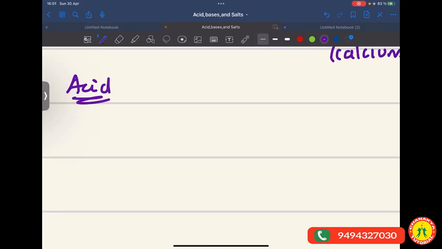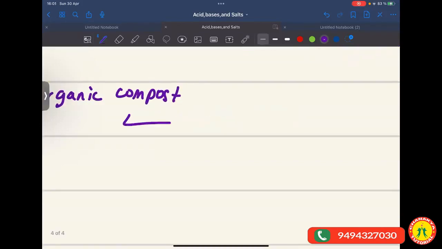Peelings of fruits, eggshells. So the soil is basic, organic compost is added to it. The organic matter will release acid, which will utilize the base.